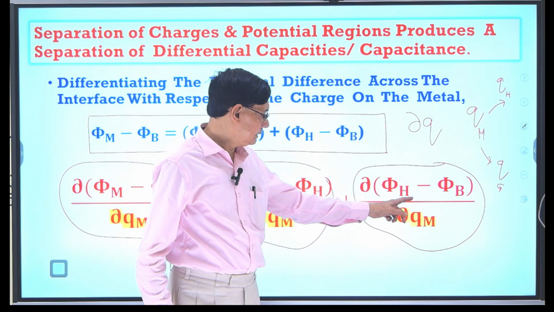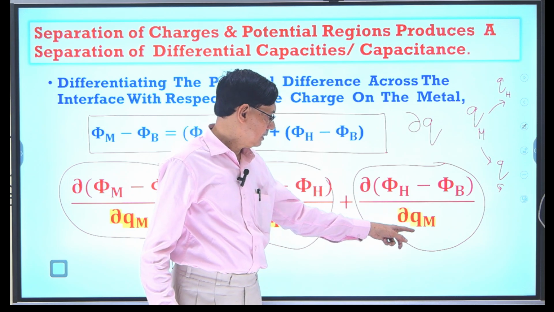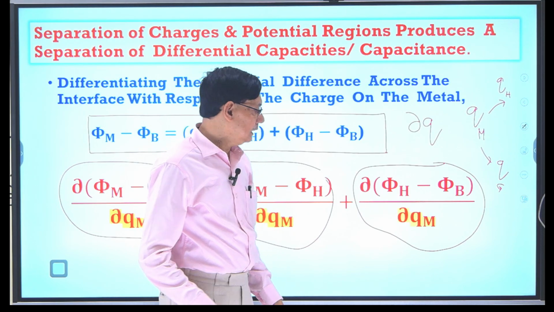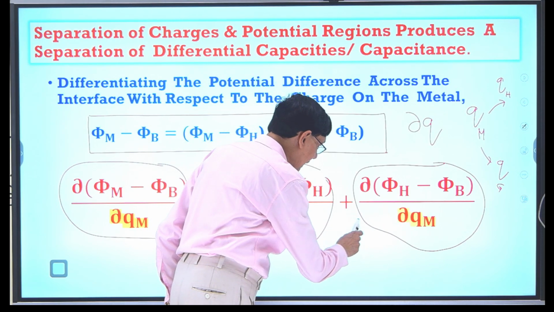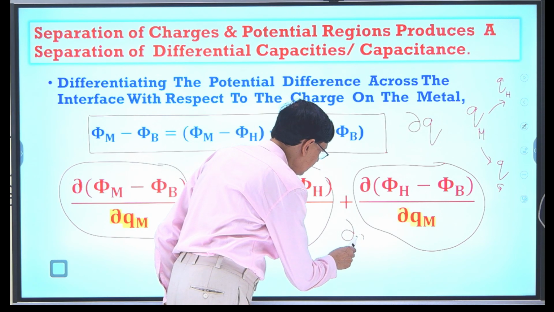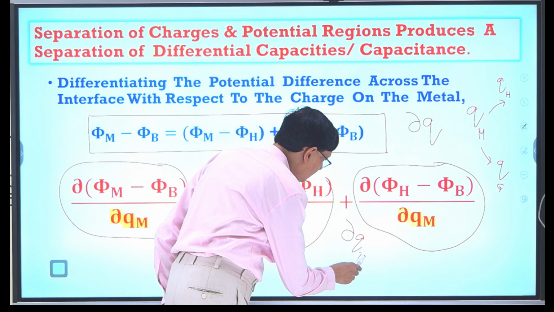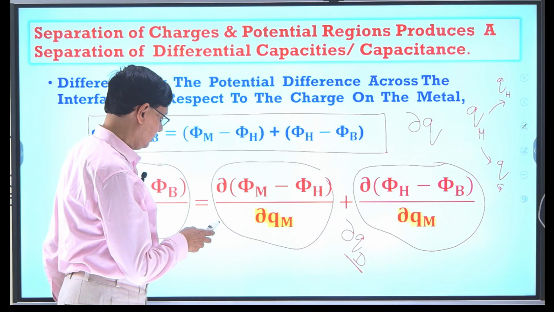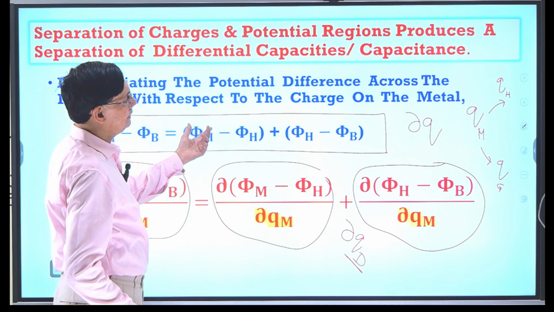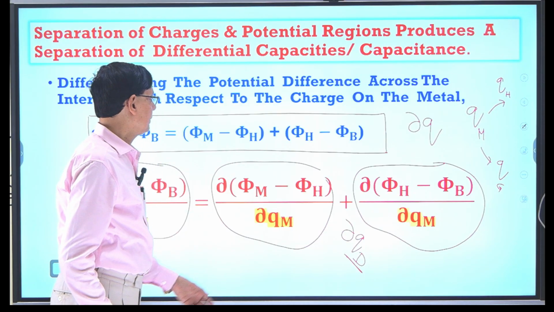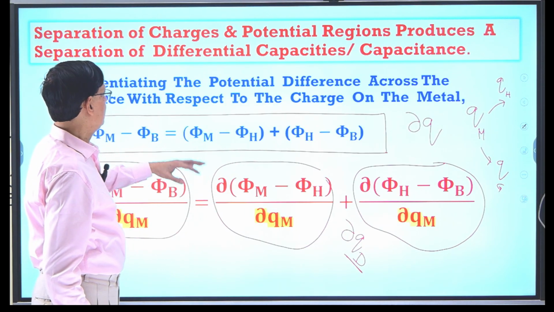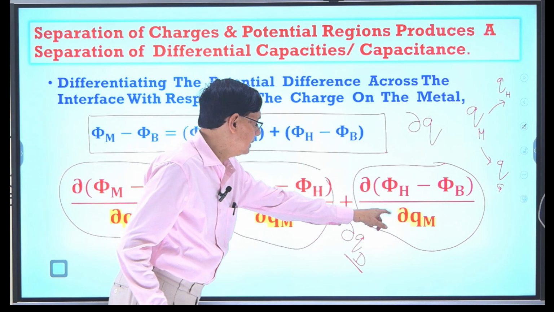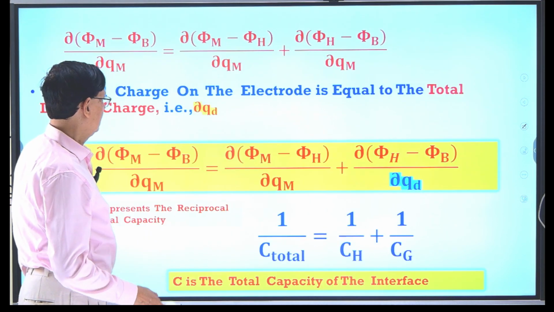So if I consider this, dQm is replaced by dQD, the diffuse layer. So only one line derivation. First you write this equation, differentiate it with respect to charge on the metal, and then replace this thing. You will get the final equation.